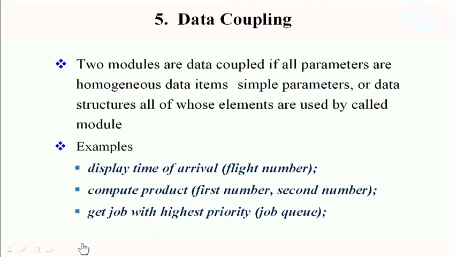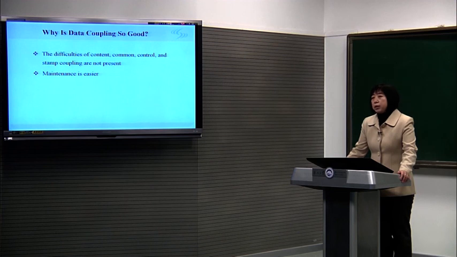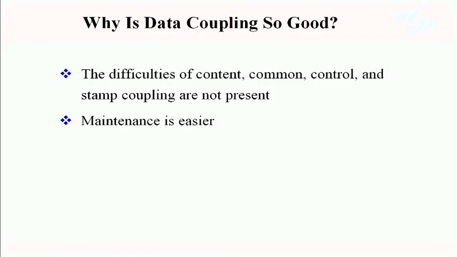For example, display time of arrival, and the parameter is flight number; compute the product, and the parameters are first number and second number; and get job with highest priority, and the parameter is job queue. So data coupling is the best. Why? Because the difficulties of content, common, control, and stamp coupling are not present. And of course, the maintenance will be easier.